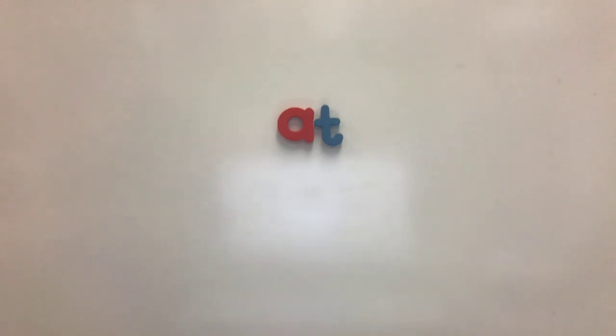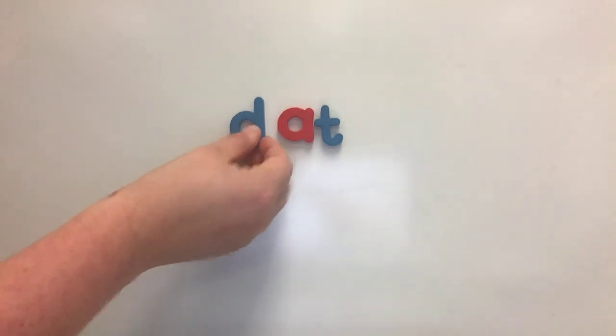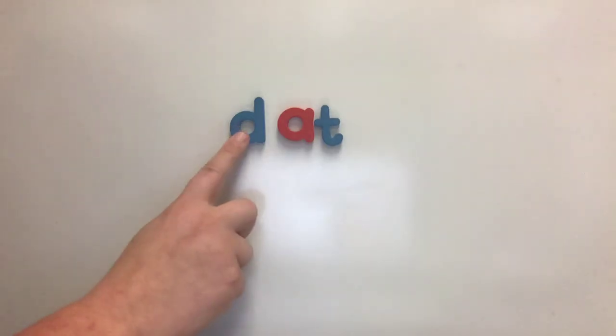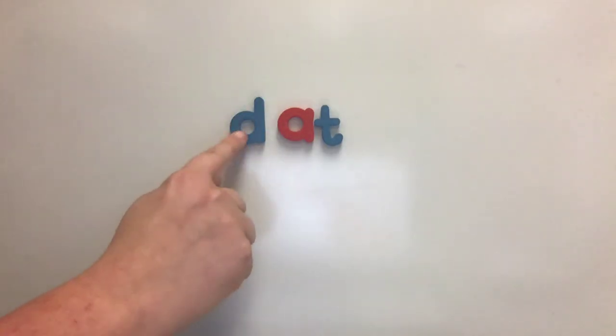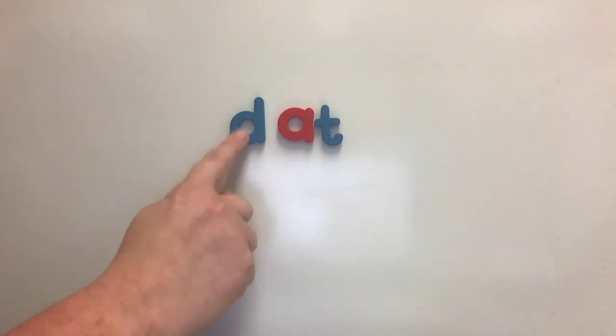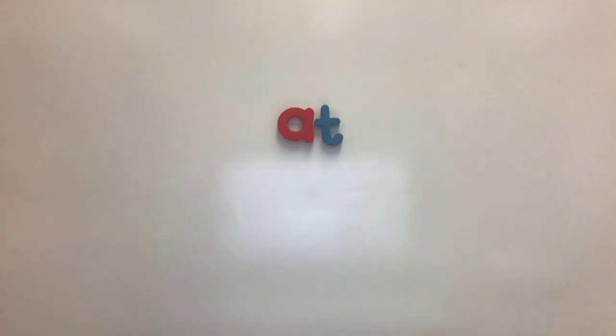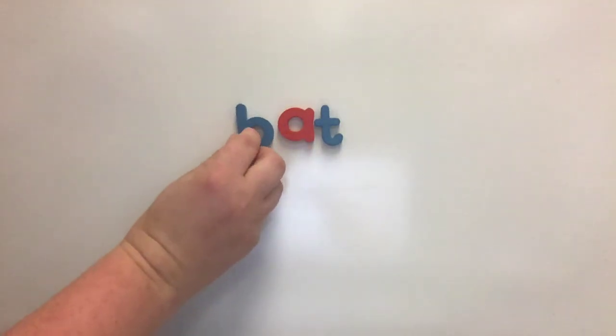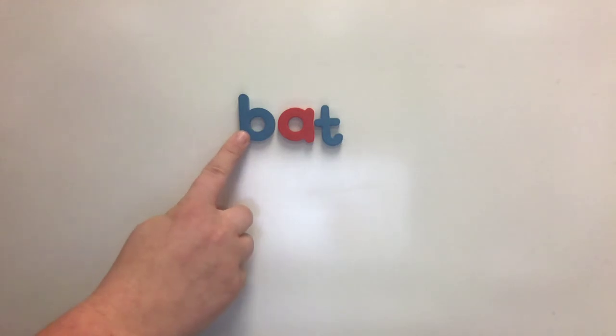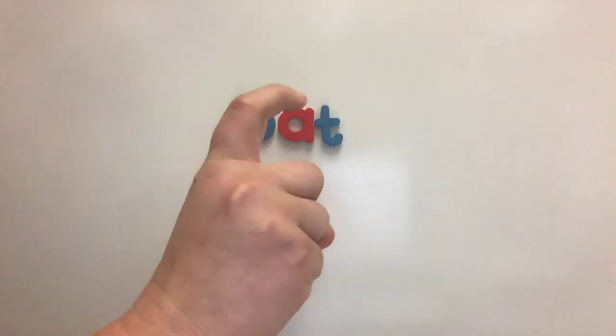Is this the B sound? Is that B? No. This is the D. We don't want that. I wanted you to find the B sound. This is the B sound. Let's do it together. B, B, B, B, B.